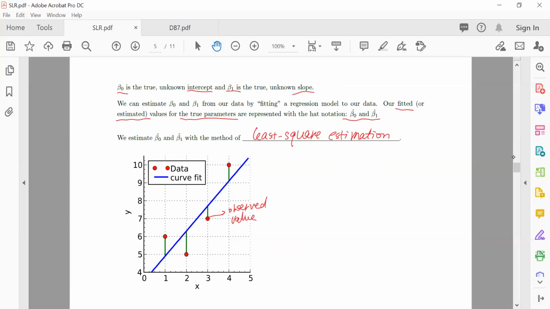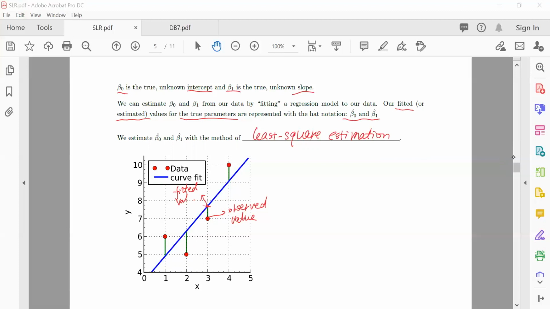The value on this fitted line, say when x equals 3, this is our fitted value, because this line is our fitted line.